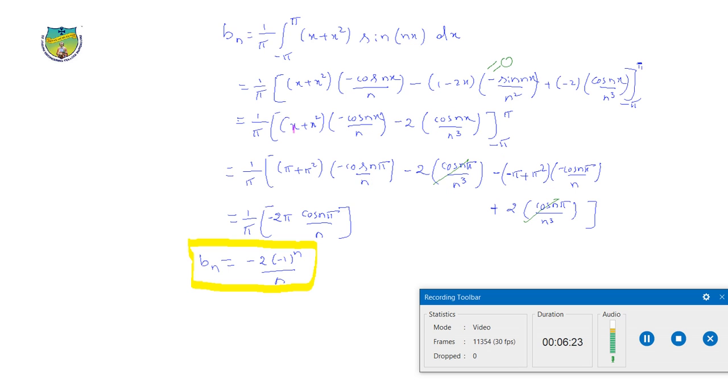For the lower limit, minus of this, we get minus pi plus pi square times minus cos n pi by n, minus of minus, plus, this becomes plus 2 times cos n pi by n cube, because cos of minus n pi and cos n pi are the same. So this term will get cancelled, this term and this term will get cancelled, and you will end up with minus 2 pi cos n pi by n. Again cos n pi is minus 1 power n, therefore we get bn equal to minus 2 into minus 1 power n.